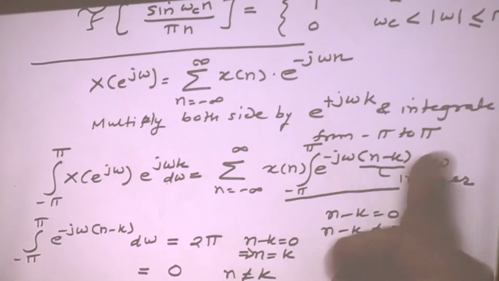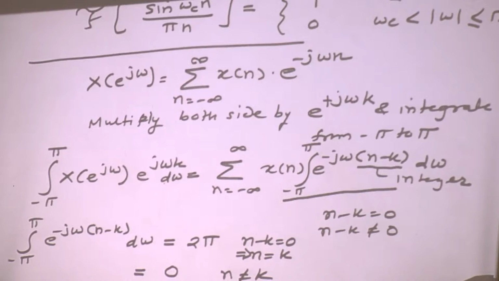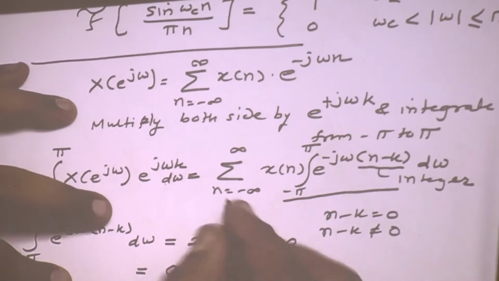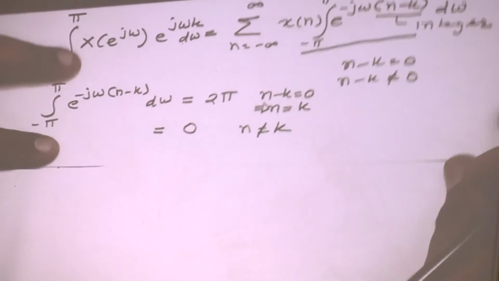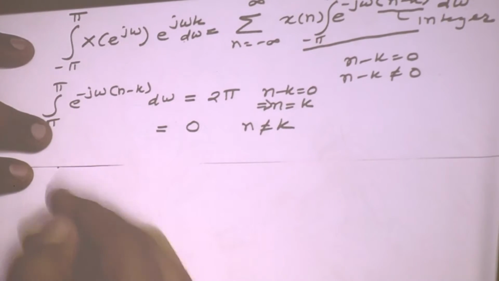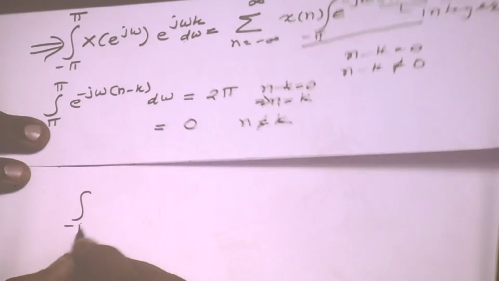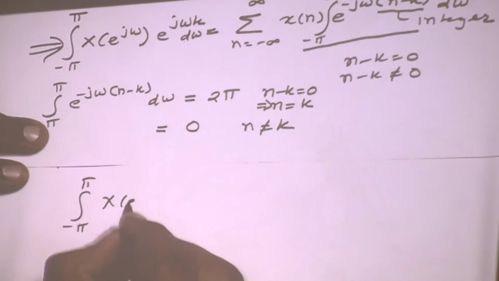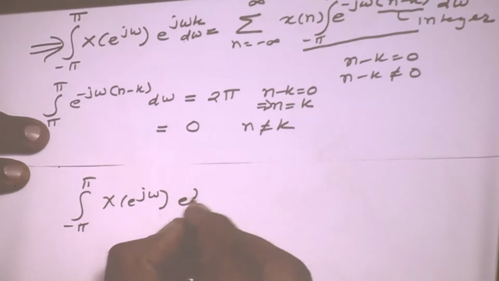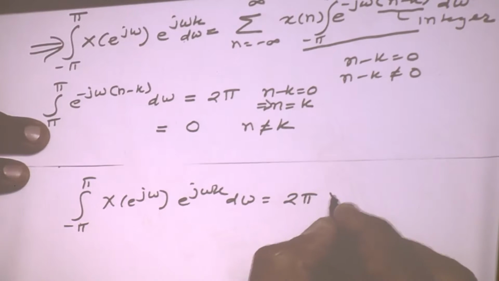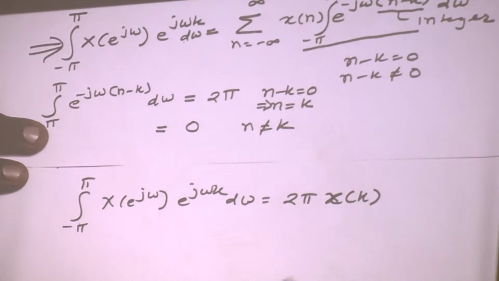The summation will be non-zero only when n is equal to k. So what is the right hand side going to be? The right hand side of this equation is the integration from minus pi to plus pi of X(e to the power j omega) e to the power j omega k d omega, which is equal to 2 pi times small x of k.